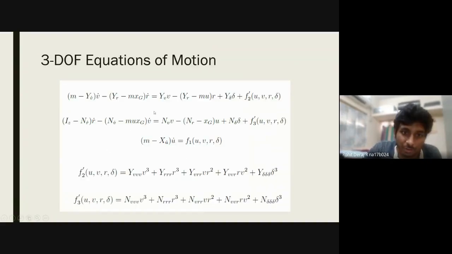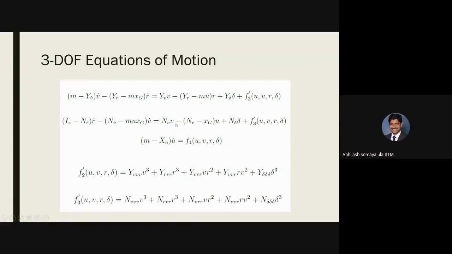And these are the equations of motion that I am solving. I'm solving these equations recursively while running the RL program. At each time step, the delta will be an input from the RL control and the equations will be solved.